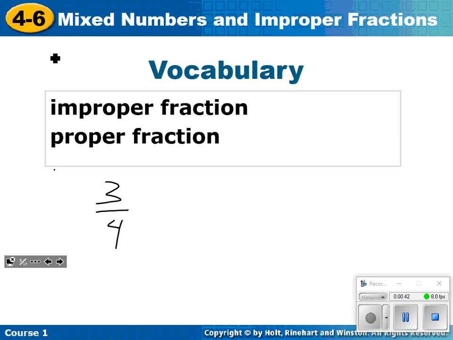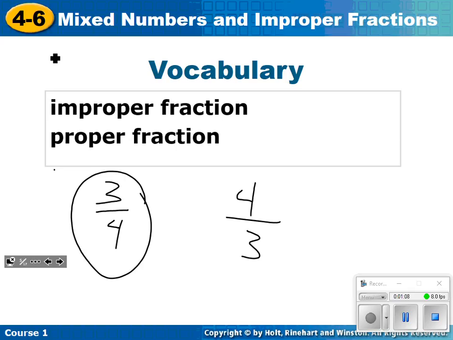So, what's an improper fraction? Where the numerator has a larger value than the denominator. Let me ask you this. Right here, this one. What is the value of that one?